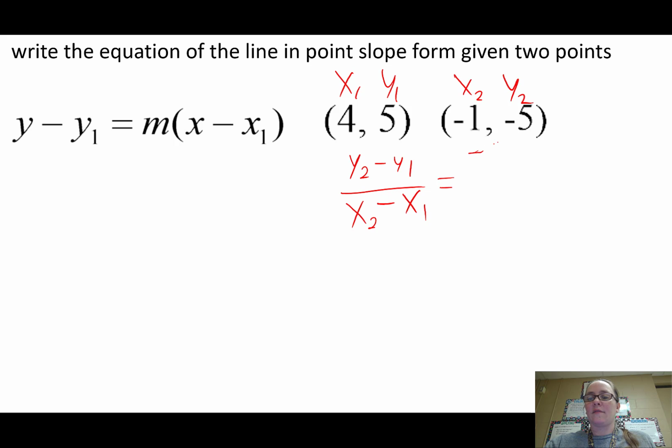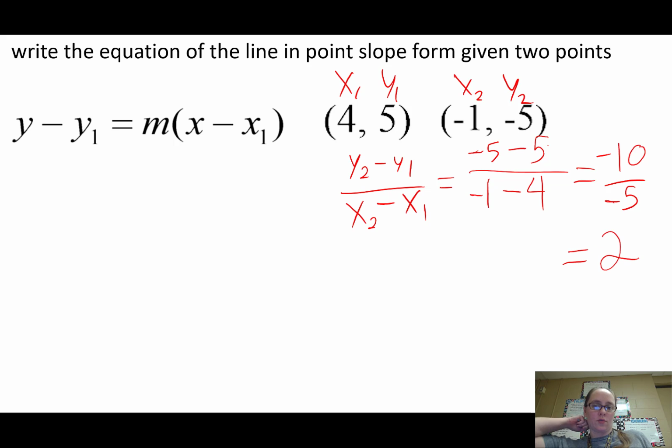So we get -5 minus 5 over -1 minus 4. -5 minus 5 is -10 over -1 minus 4, which is -5. -10 over -5 gives me +2.